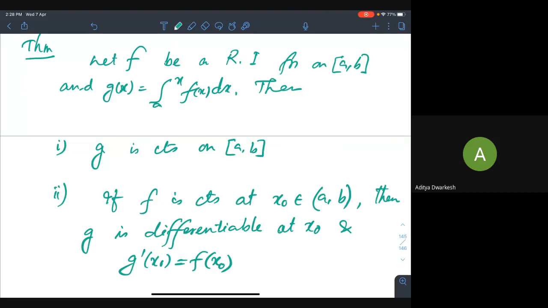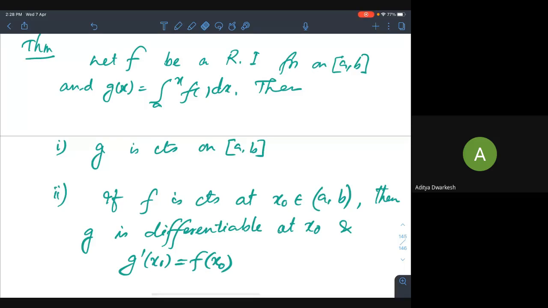So given a function, you want to know whether this is the derivative of some function. That is important in some cases. I'll give you examples. So how do you see whether a function can be seen as a derivative of a function? This is the way to see. You define a function like this, the integral from a to x of f(t) dt.